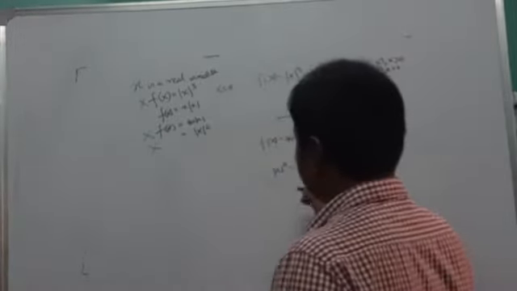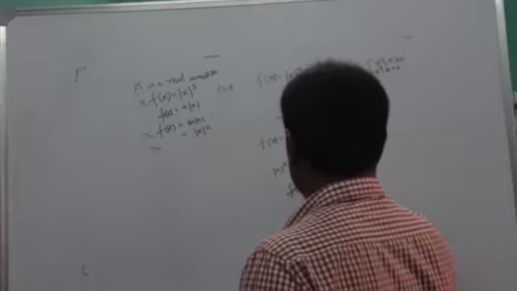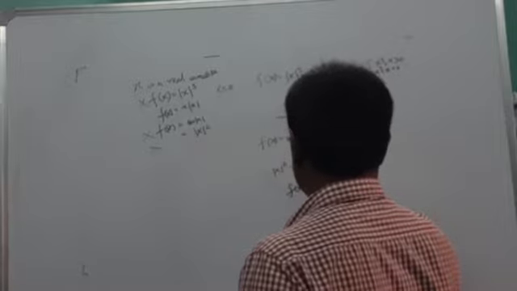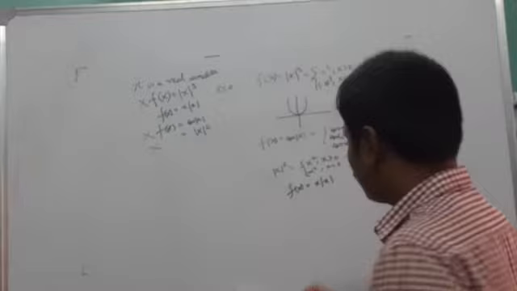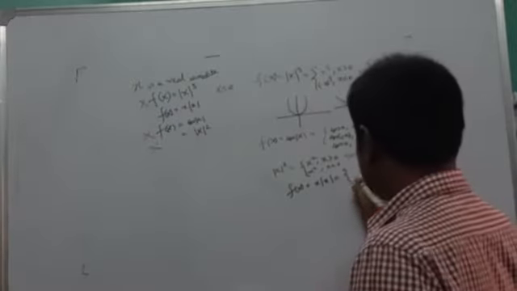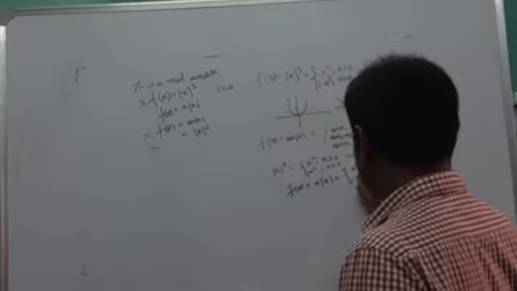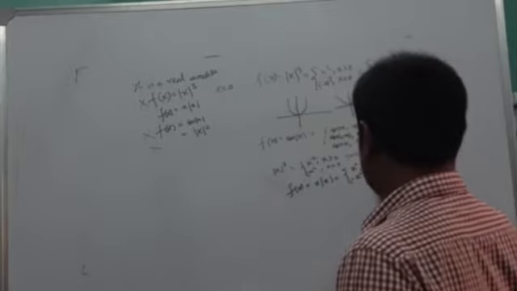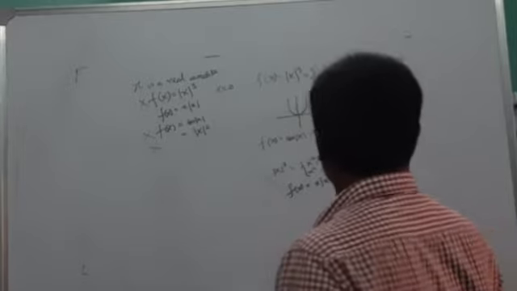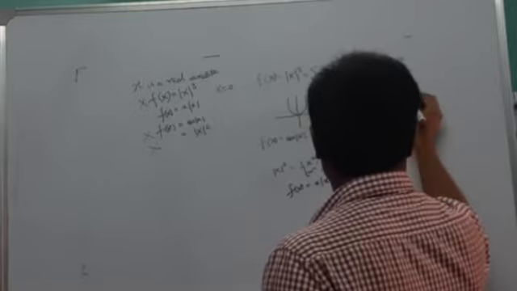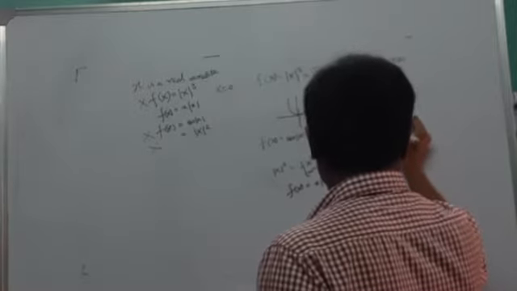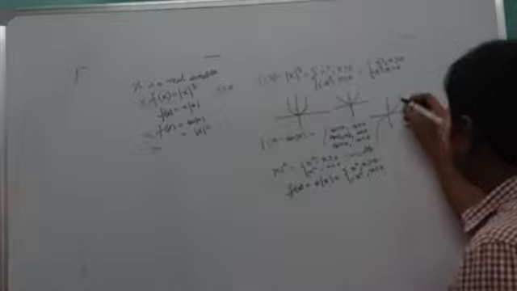So now we know that our only correct option can be x times mod x. If we just write it down, it will be x squared for x greater than 0, minus x squared for x less than 0. And the plot basically looks like this. This is the plot of x mod x.